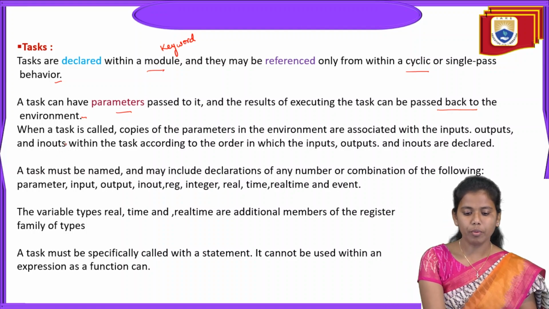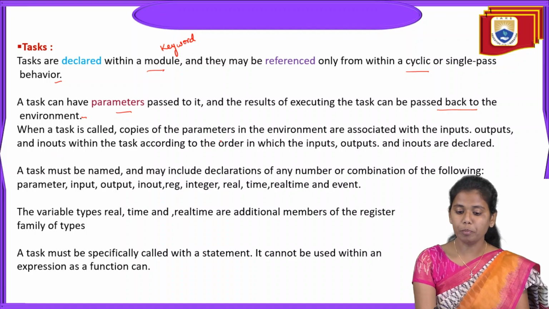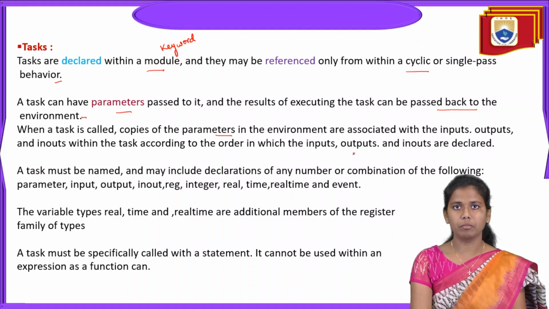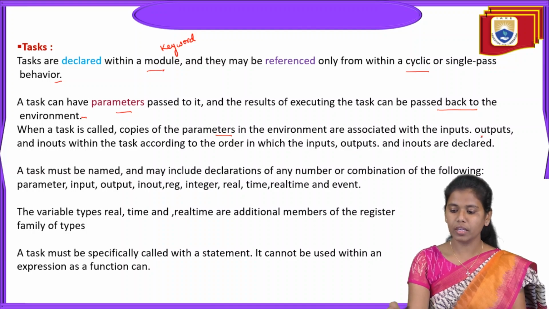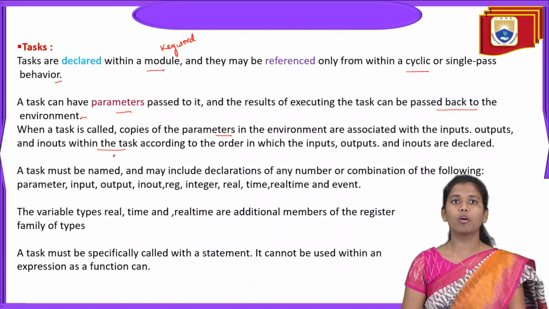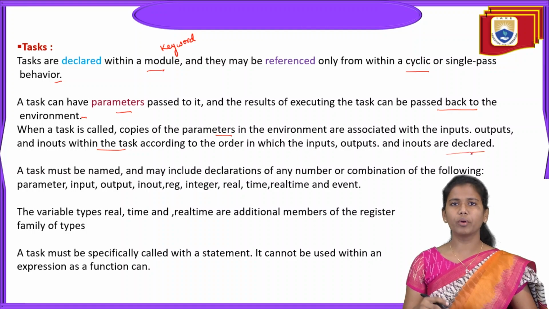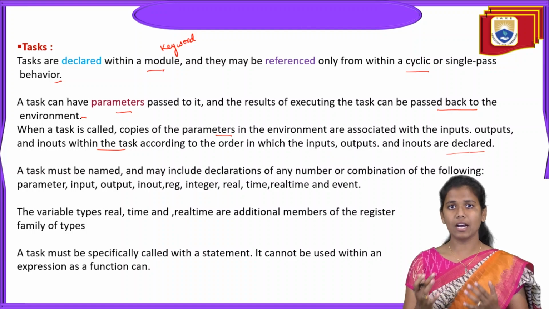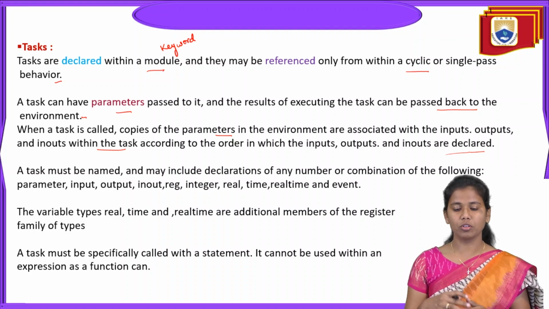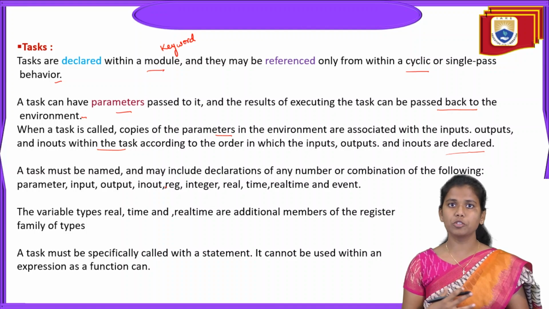Then, when a task is called, the copies of the parameters in the environment are associated with the inputs, outputs, and inouts of the task, according to the order in which the inputs, outputs, and inouts are declared. As tasks are declared inside the module, there are different copies of parameters.